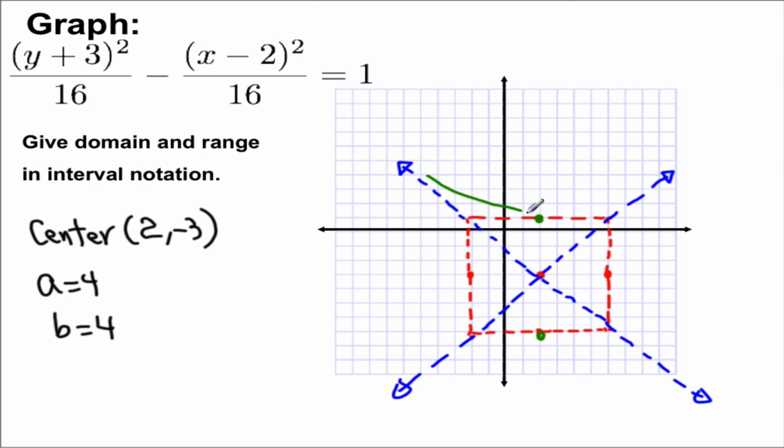Again, we make sure that we do not cross those extended diagonals. There are many properties about these graphs and these equations, but for this presentation, we're only talking about how to graph them in as simple a way as possible.